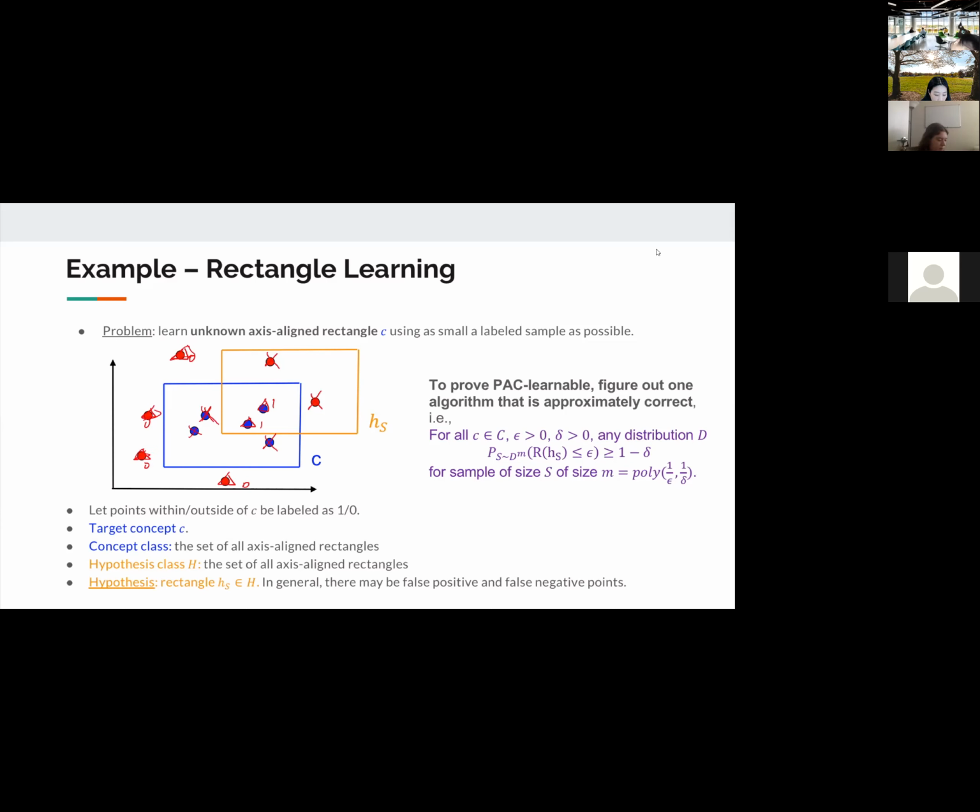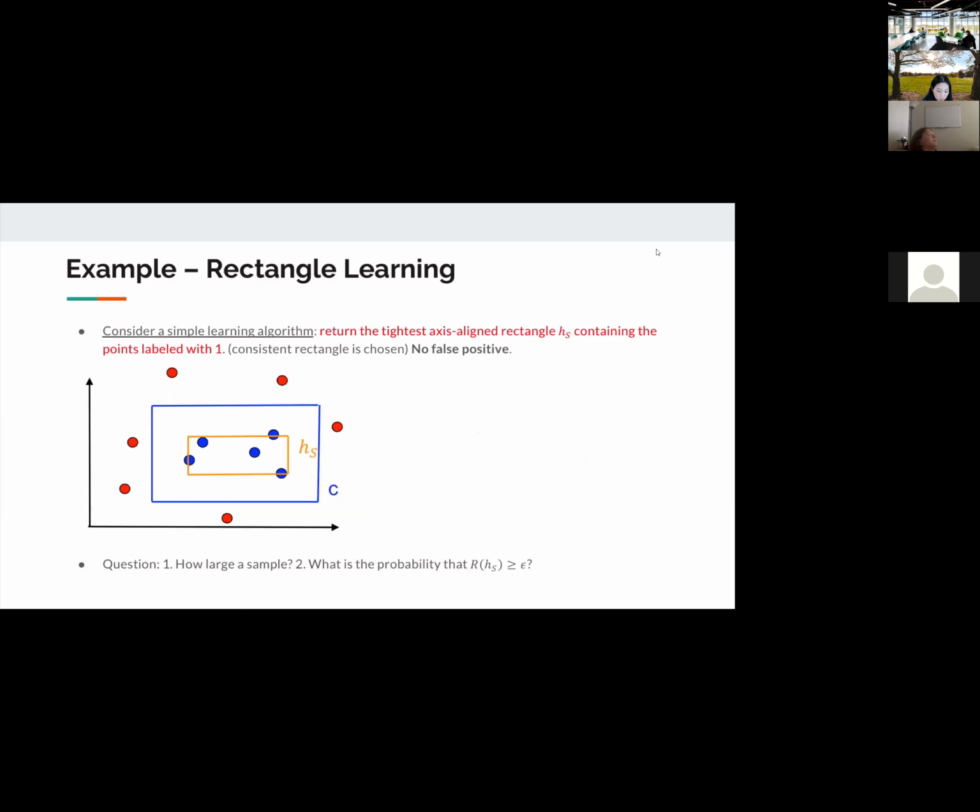So for any distribution, you want to make sure that the probability of the true error of h_S being smaller than epsilon is greater than 1 minus delta, for a small number of samples, polynomial in terms of 1 over epsilon, 1 over delta. Okay, so this is just a reminder of PAC learnable.